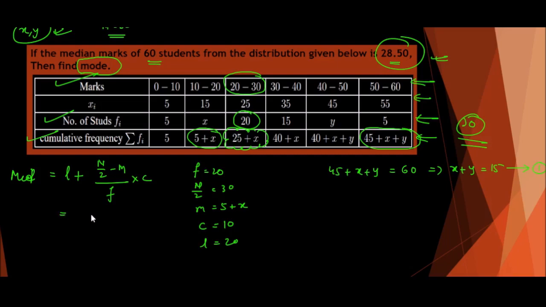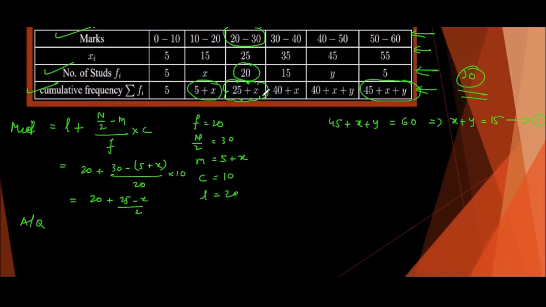So it will give you 20 plus (30 minus (5 plus x)) by 20, times 10. If you go on calculating this, you'll see 20 plus (25 minus x) by 2. As per the question, this is going to be equal to 28.50.